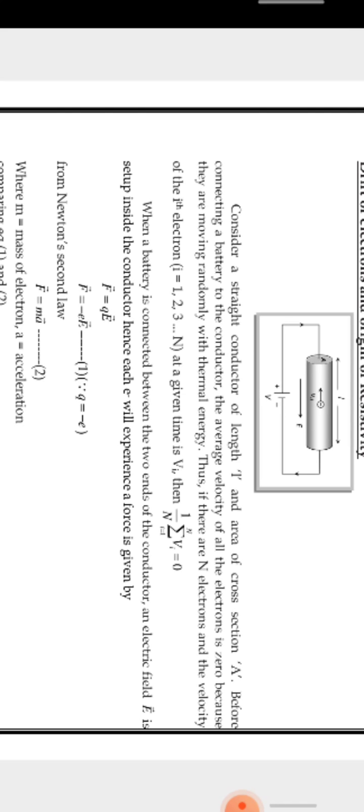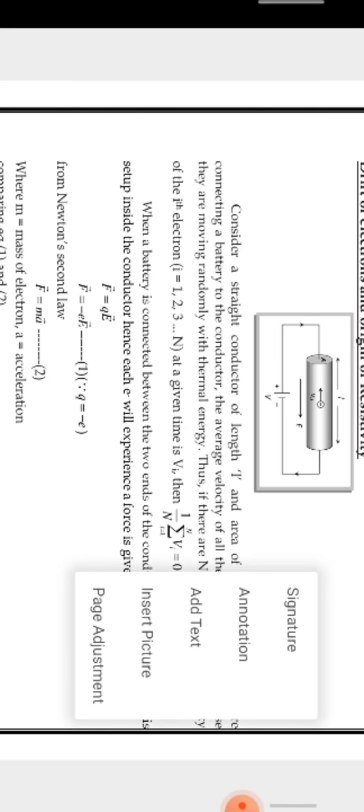As a result, electrons begin to move. These electrons experience a force whenever the electric field is applied on the conductor. Electrons have negative charge, so these negatively charged electrons experience a force opposite to the direction of the electric field.